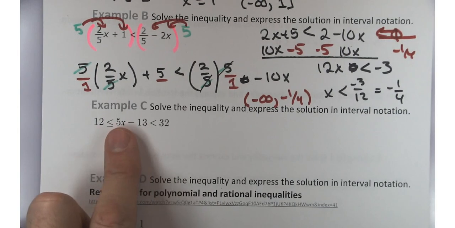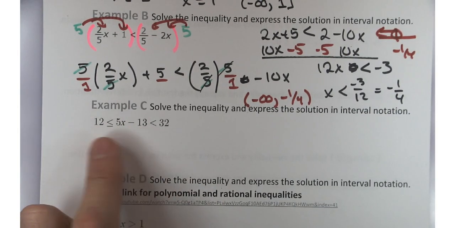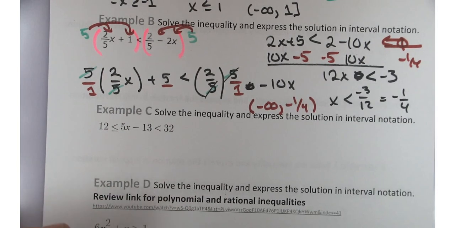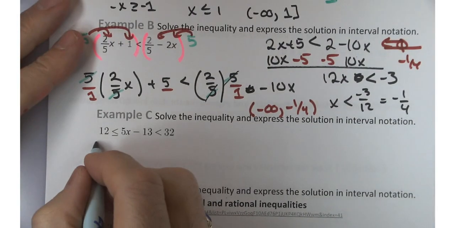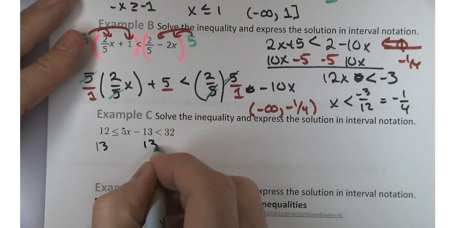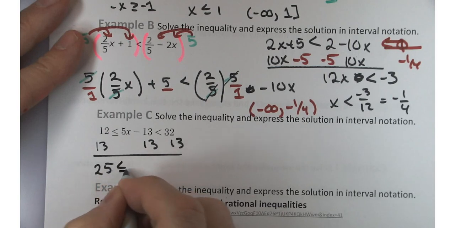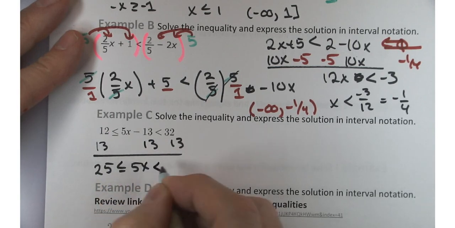Now help me out here. If I want to get the x by itself, what's a good place to start maybe? You can divide by 5, but that would give me fractions right away. You can add 13. Yeah. So add 13 to all three parts of the inequality. So that gives me 25 is less than or equal to 5x is less than 45.